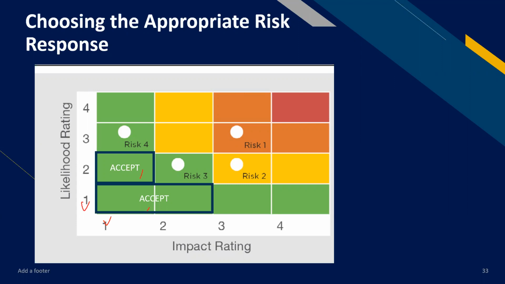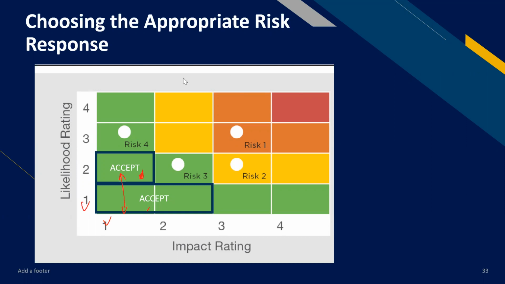Right? Why? Because probably it's too expensive to mitigate them. After all, the impact is low. Right? And the probability of it happening is also low. Correct? So why bother? Okay.